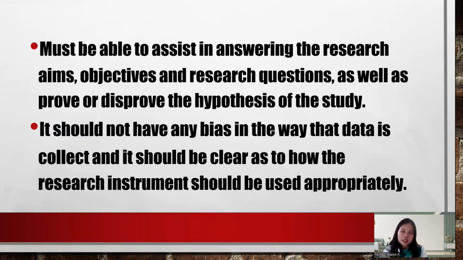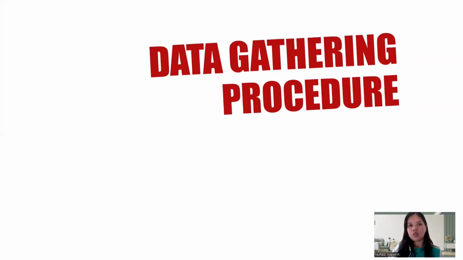I keep mentioning in our class that your research objective should align with your research questionnaire. Okay, the variables that you want to measure or the statement of the problem should be reflected in your research instrument, because your research instrument will collect data and those data will answer your statement of the problem. So they should be aligned with each other.